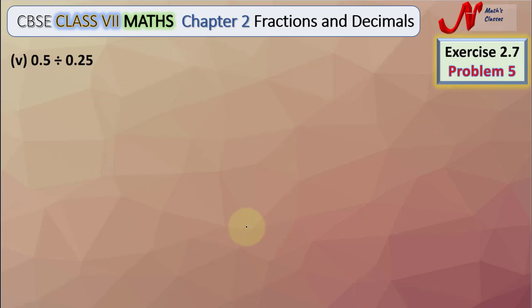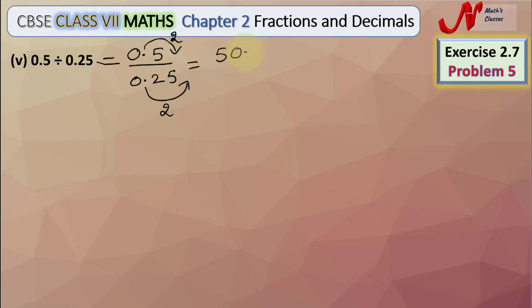Next we solve the fifth bit. 0.5 divided by 0.25, which can be written as 0.5 by 0.25. To solve, we shift the decimal point two places to the right. Similarly, in numerator we shift the decimal point two places to the right. Here we have only one digit, so we can write it as 50.0.